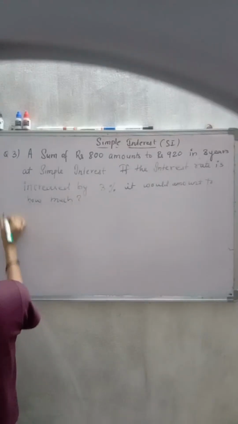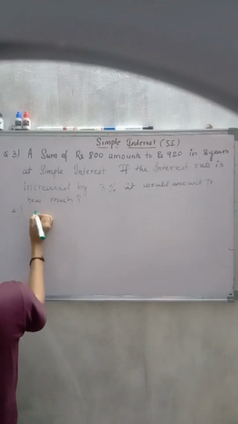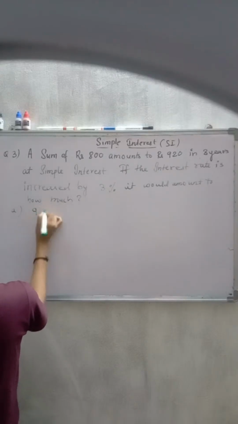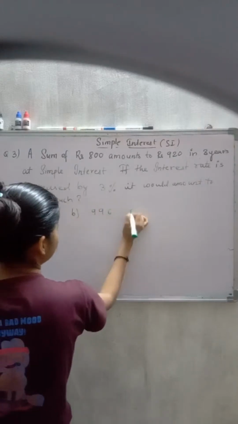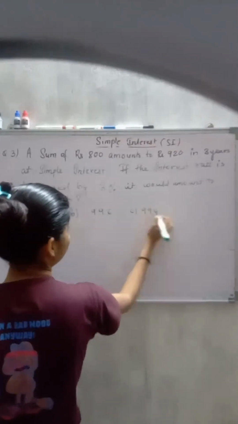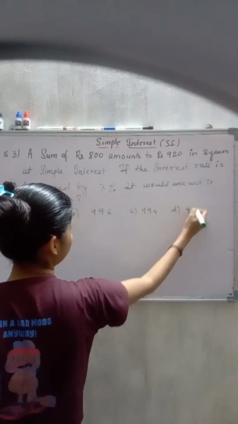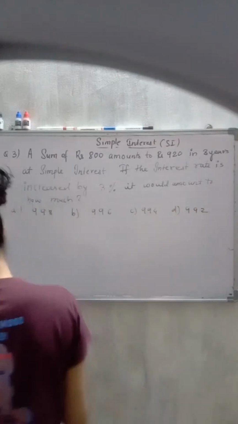And the options are A 998, B 996, C 994 or D 992.